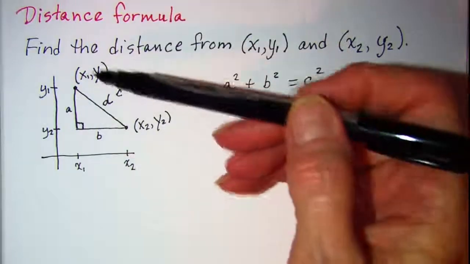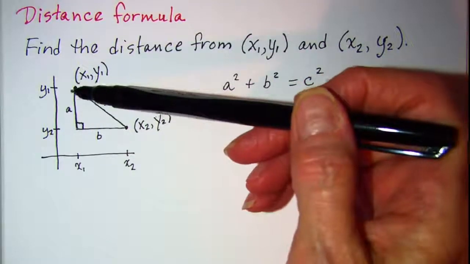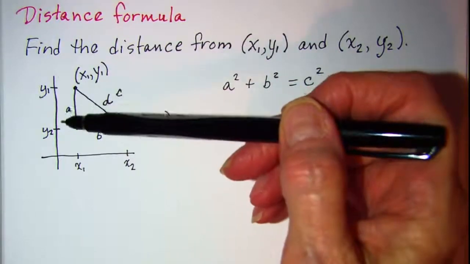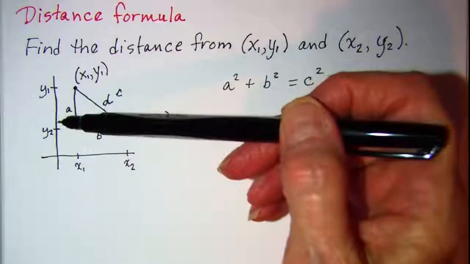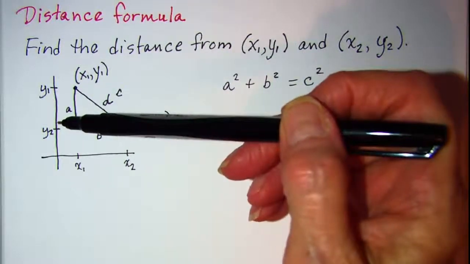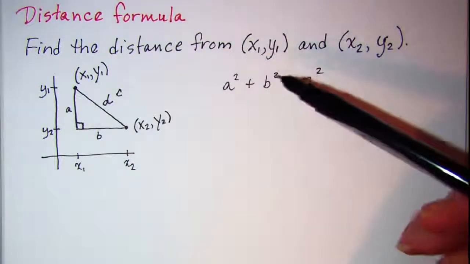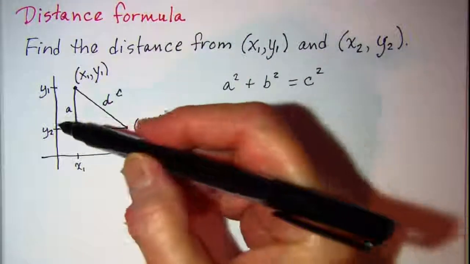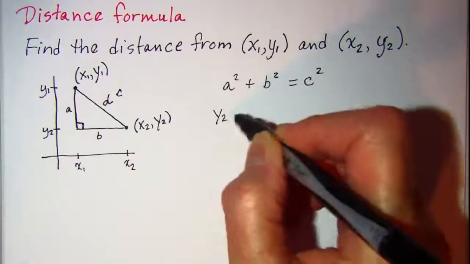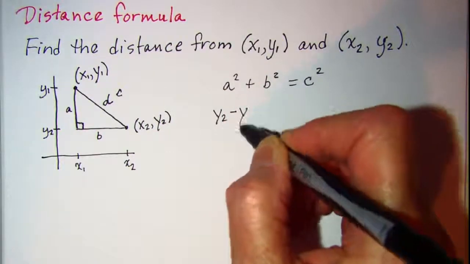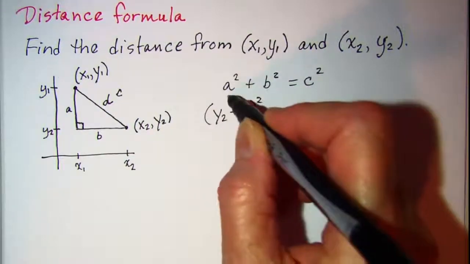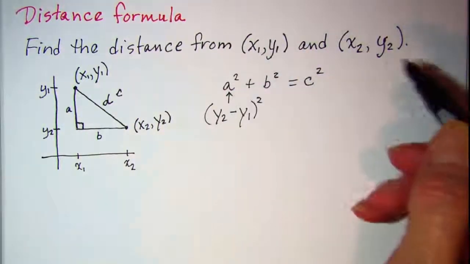Well, if you want to find the amount of space between 2 points on a line, you just subtract those two numbers. And then we're going to square it. So I'm going to take y sub 2, subtract y sub 1, and then square that, and that'll be my A squared.